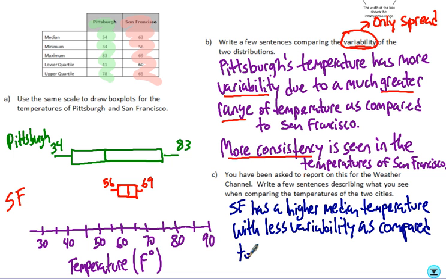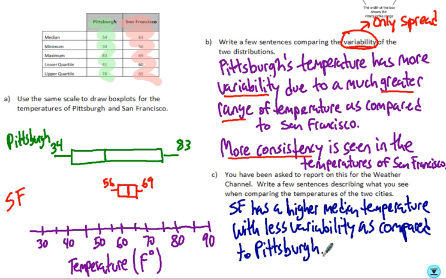So we don't have to get into what the median was here. The median, San Francisco 63.54. I mean, we can cite those numbers, but we can also just say that it had a higher median. Less variability as compared to Pittsburgh.